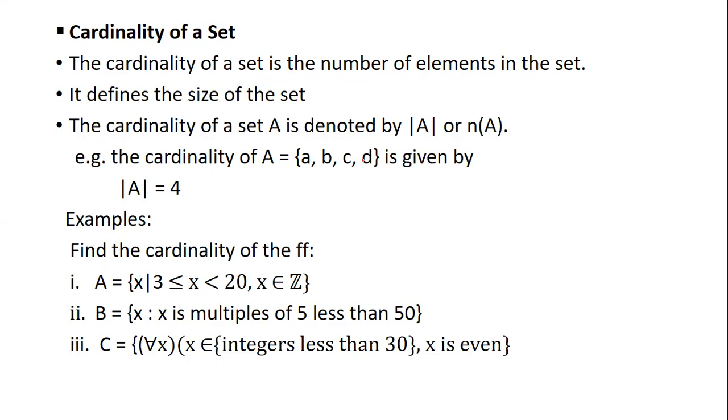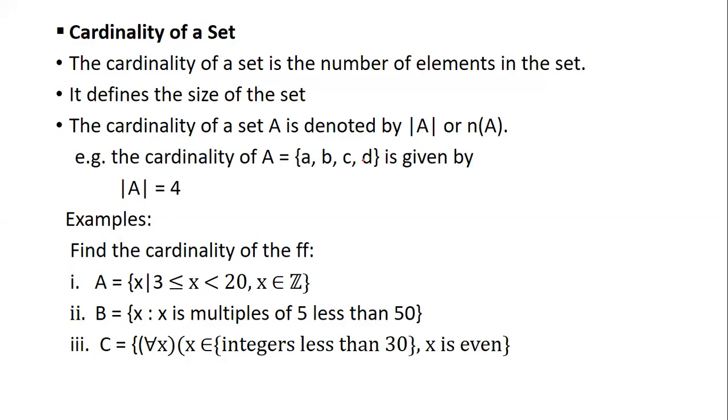Is it okay? So please go over that one again. Now, I am saying that when you find the cardinality of a given set, you get the number of members of that set, or the number of elements of that set.